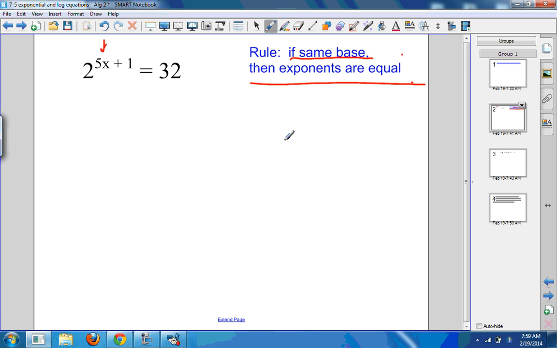So if I have 2 to the power of 3 is equal to 2 to the power of x, then I know that x has to equal 3, because if we have the same bases, then the exponents also have to be the same. All right, so let's look at this problem.